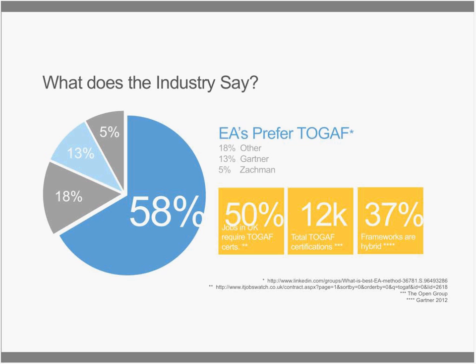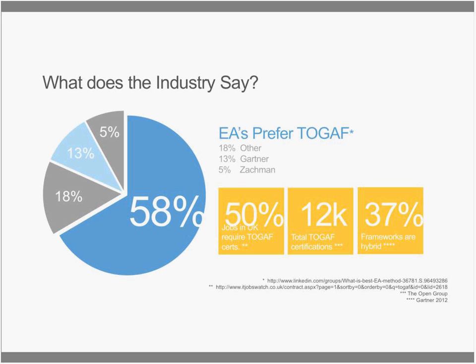I think that Steve highlighted a little bit that 50% of the jobs in the UK require TOGAF in some shape or form. We're starting to notice that here in the US as well. So when we get RFPs for services engagements, we're going to see this as well. And it may be TOGAF or it may just be they're looking for some sort of certification, period.